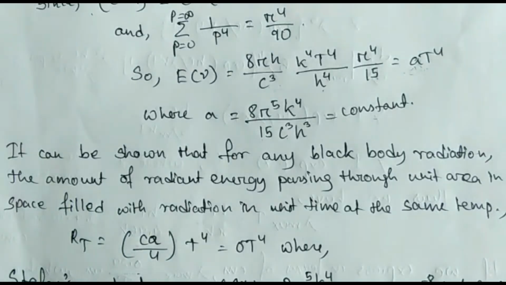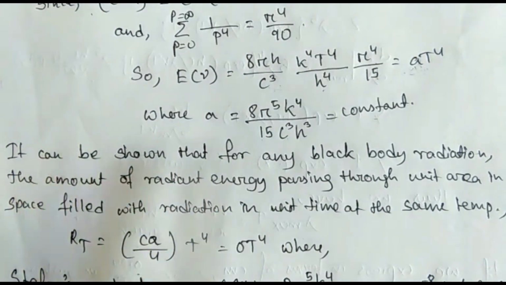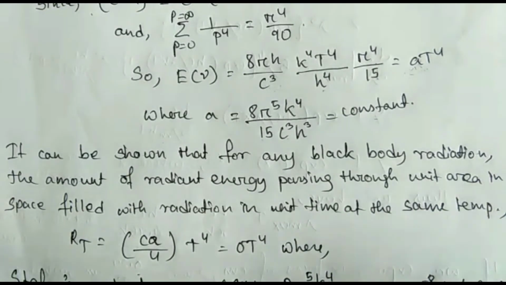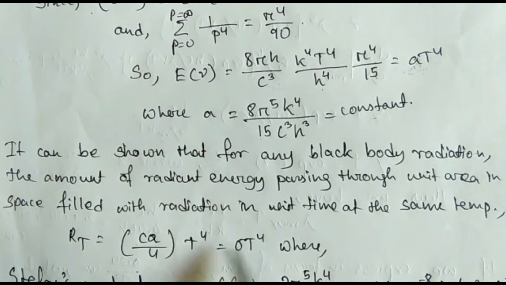So for better understanding I have already written here that it can be shown that for any blackbody radiation, the amount of radiant energy passing through unit area in space filled with radiation in unit time at the same temperature is actually Stefan's law. This is R_T equals cA by 4 T to the power 4, which is sigma T to the power 4.